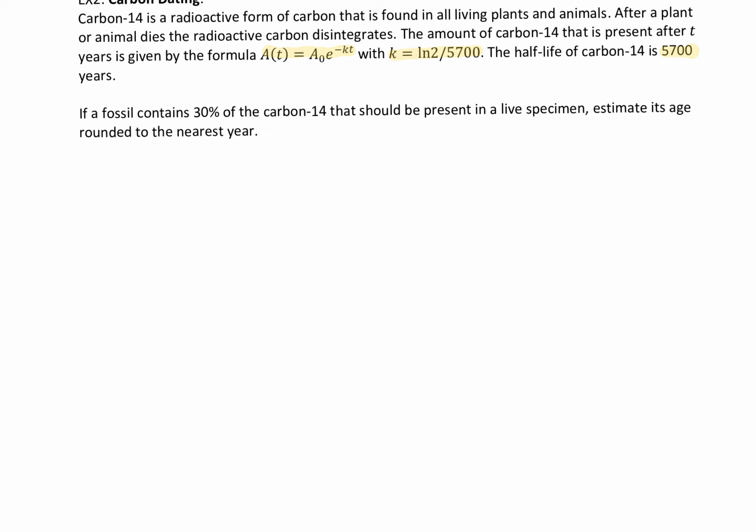So first of all, let's write out what we know. We know that A of t is equal to A sub 0 e to the negative kt. And we have k, that's given to us.